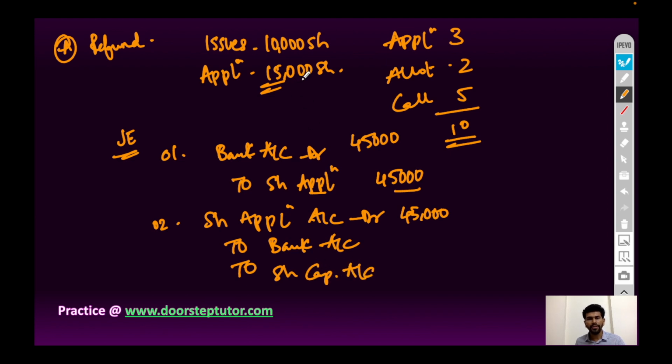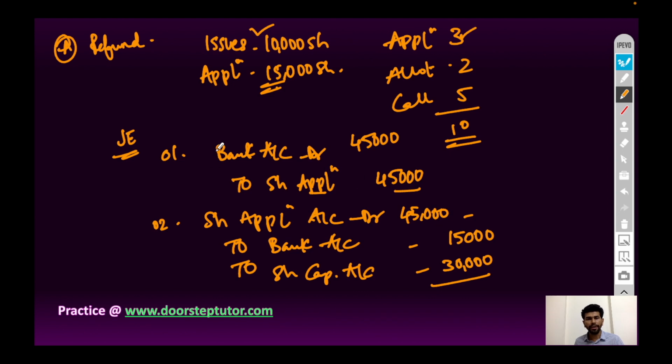The excessive application is 5,000 shares, 5,000 multiplied by 3 rupees per application, 5,000 multiplied by 3, 15,000 rupees. On the credit side, to bank account 15,000 rupees and share application balance 30,000 rupees. That is 10,000 shares issued multiplied by 3 rupees application money.